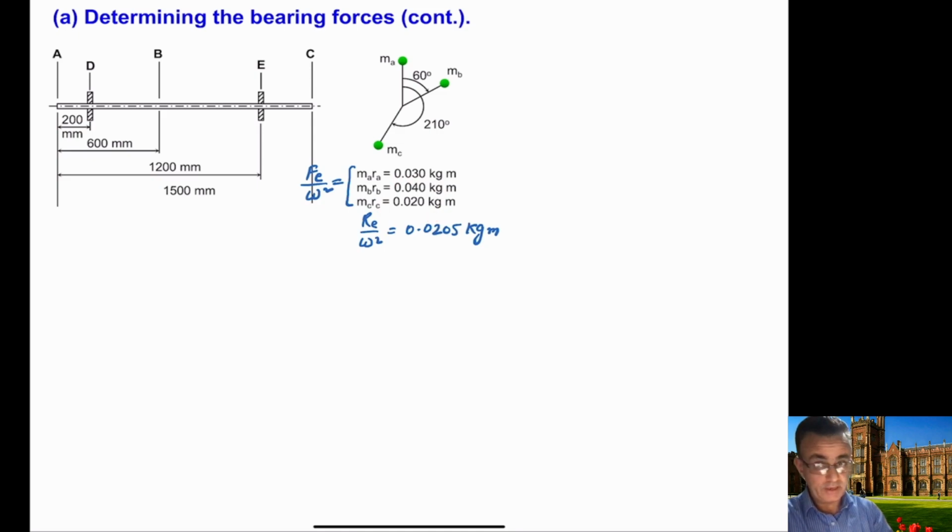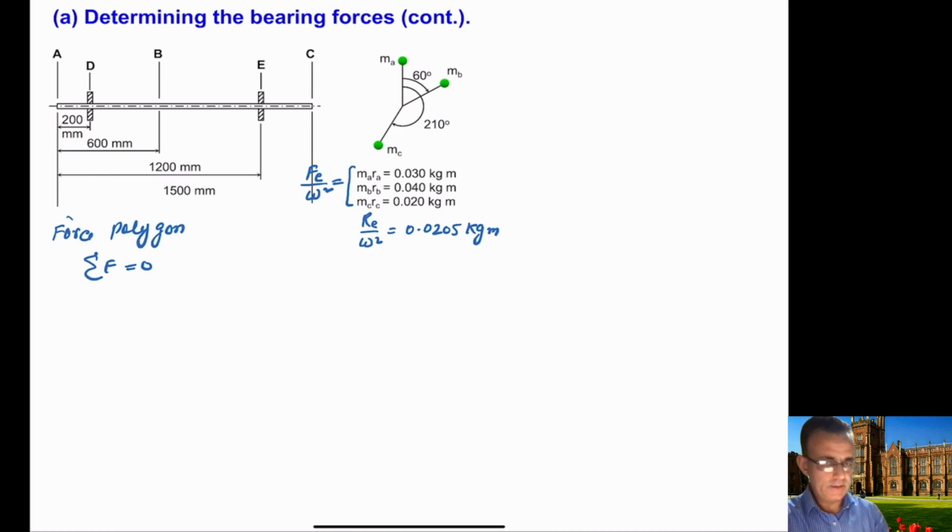Okay, so if you have these four forces, you can calculate the force polygon. So now here we will be using the force polygon. This means we are using this equation here.